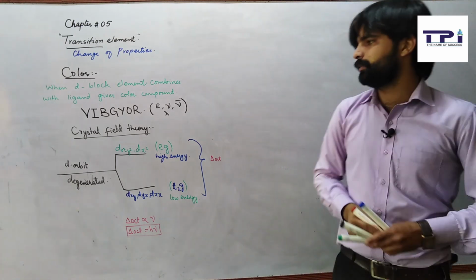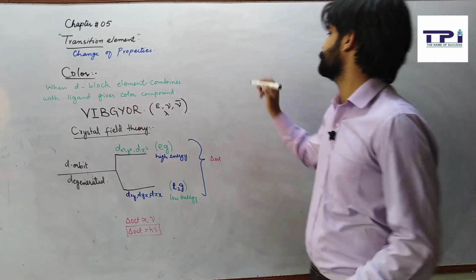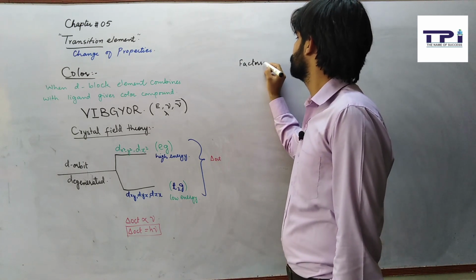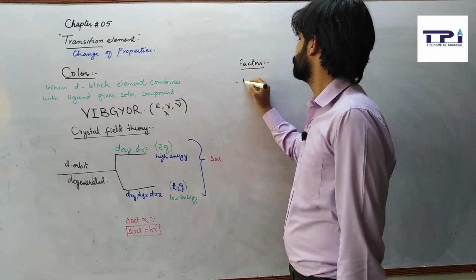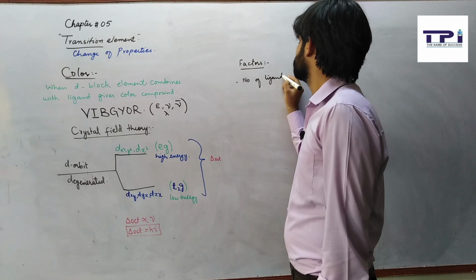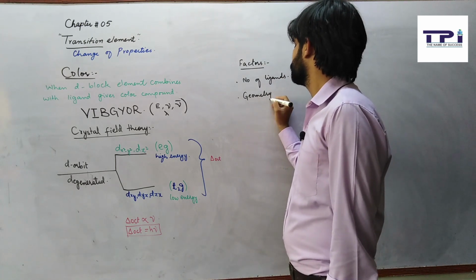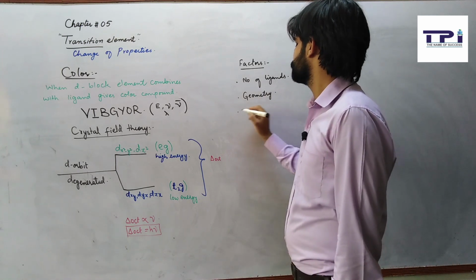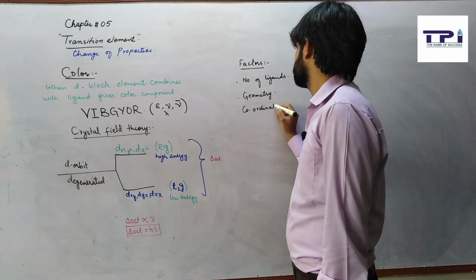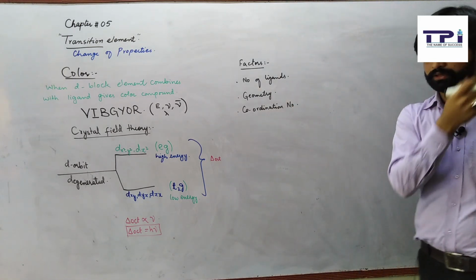That's why D block elements give colored compounds, and this color depends upon number of ligands, geometry, coordination number.